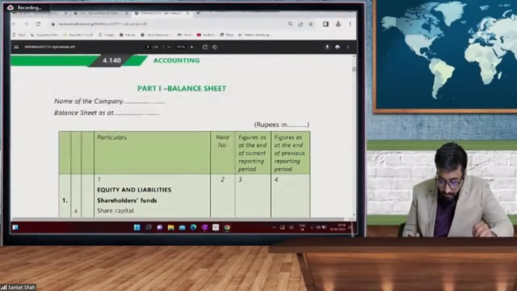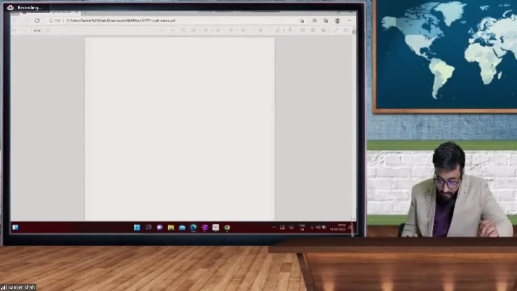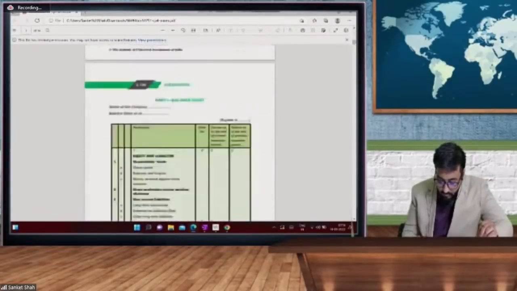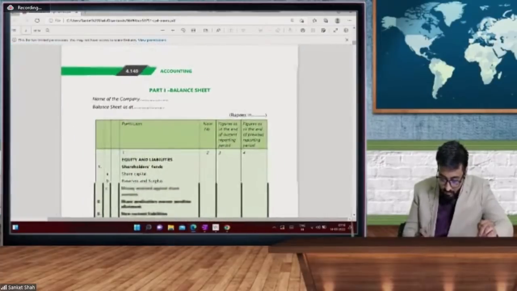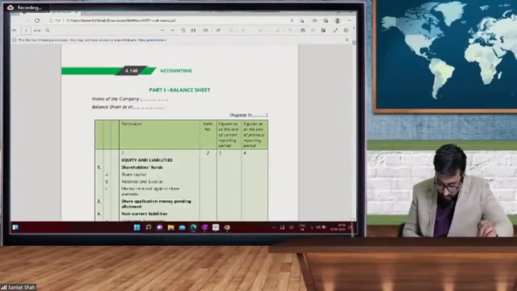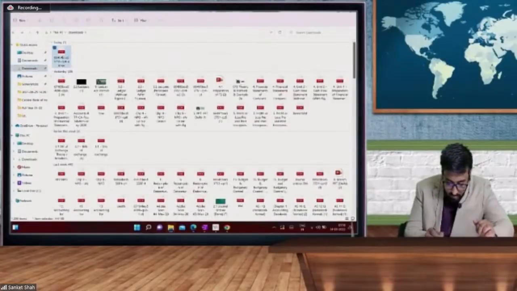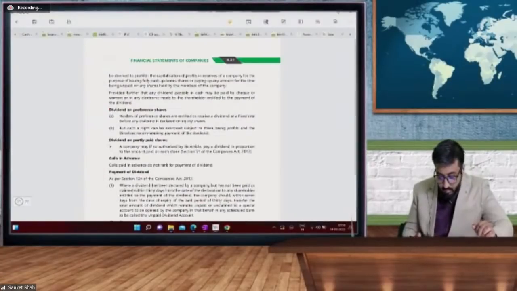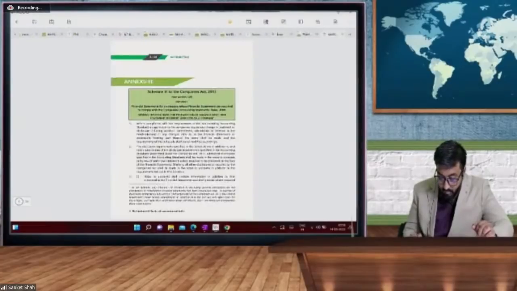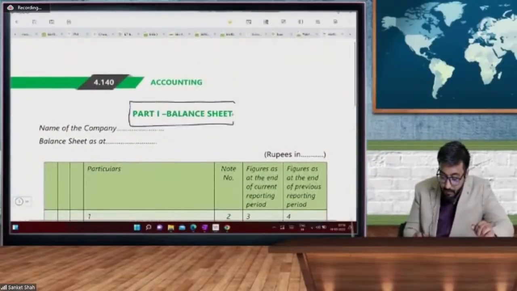The annexure part. Okay. So this is the Part 1 balance sheet.